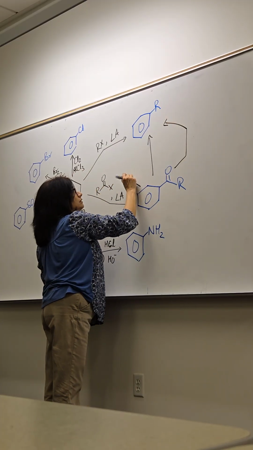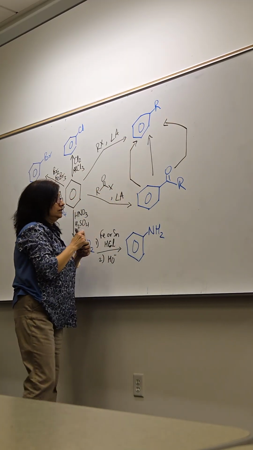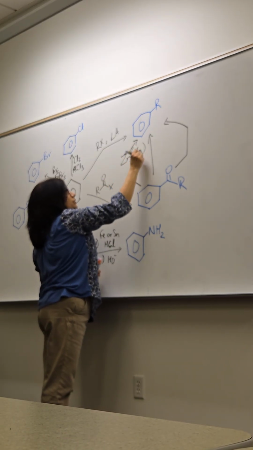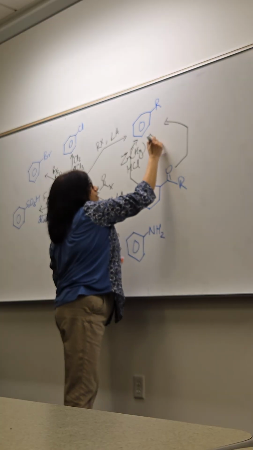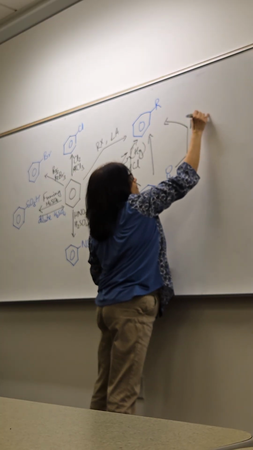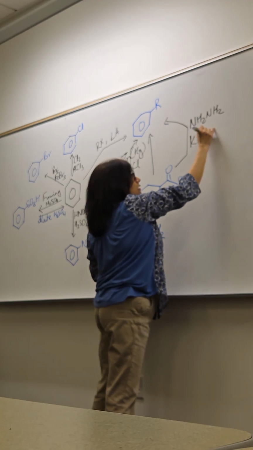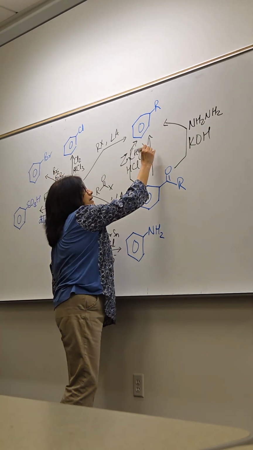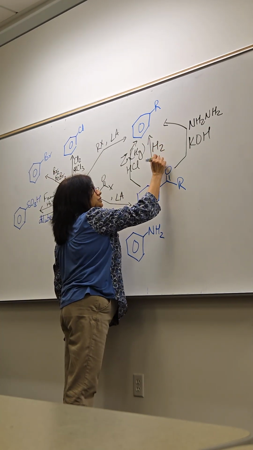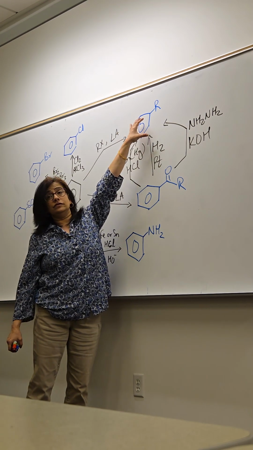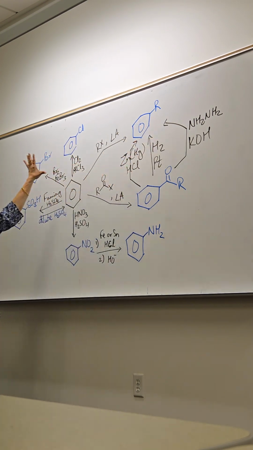One is Clemmensen reduction, which is zinc mercury amalgam with HCl, the other is Wolff-Kishner using hydrazine with potassium hydroxide, and simple hydrogenation, with hydrogen and a heavy metal catalyst like platinum, palladium or nickel, can also convert it. That's what we've done so far.